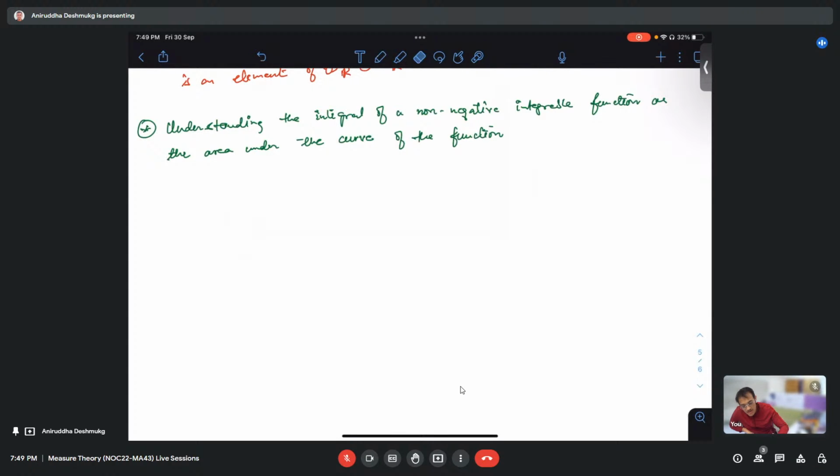Or rather, the curve is not a proper thing to write, area under the graph.